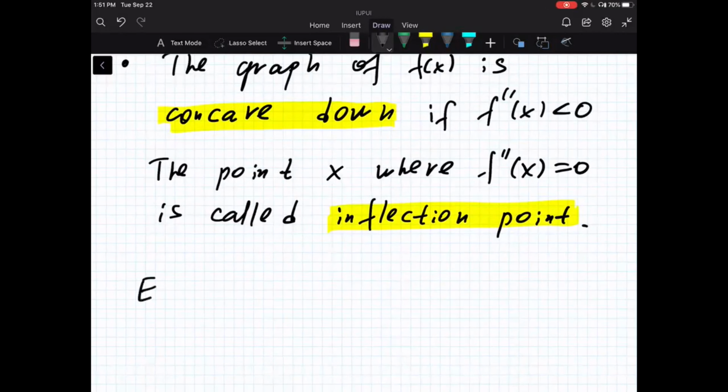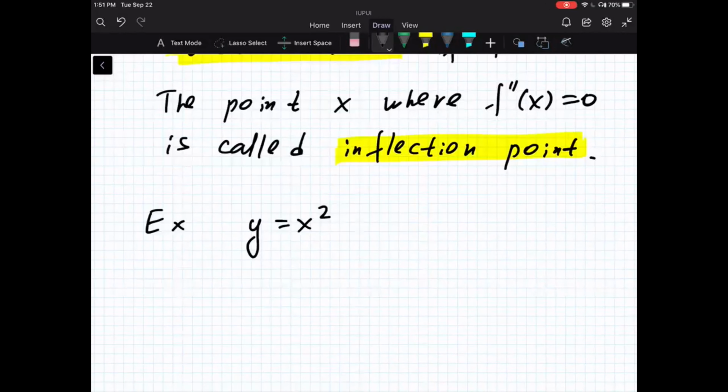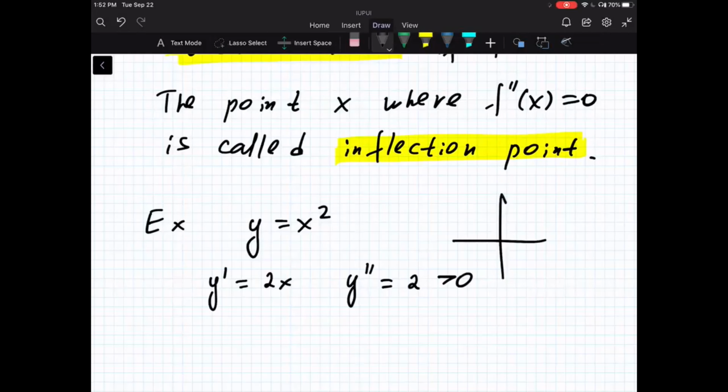The most trivial example is the function y equals x squared. That's how you can remember what is concave up and what is concave down. Because if you calculate the derivative, the first derivative gives me 2x and the second derivative gives me just 2, which is positive. And indeed, this graph looks like a head up, right?